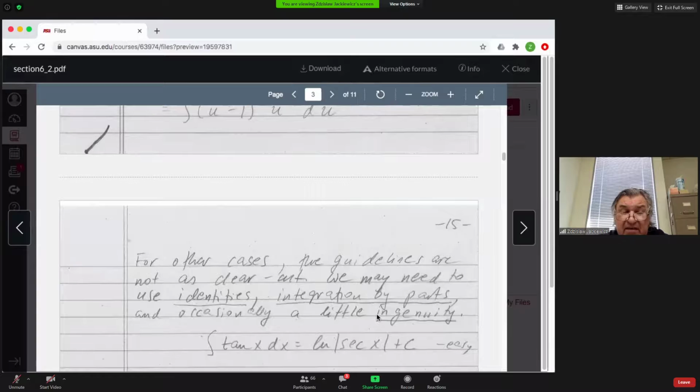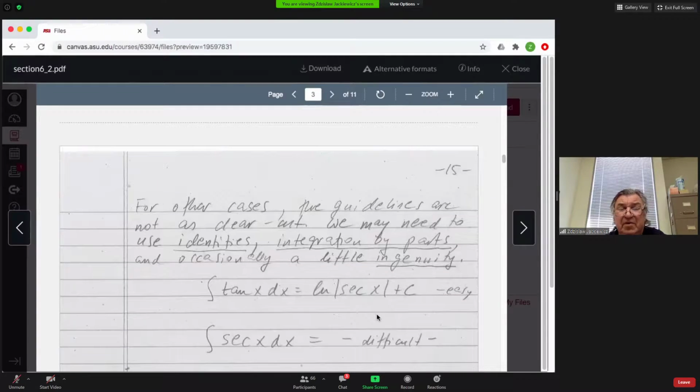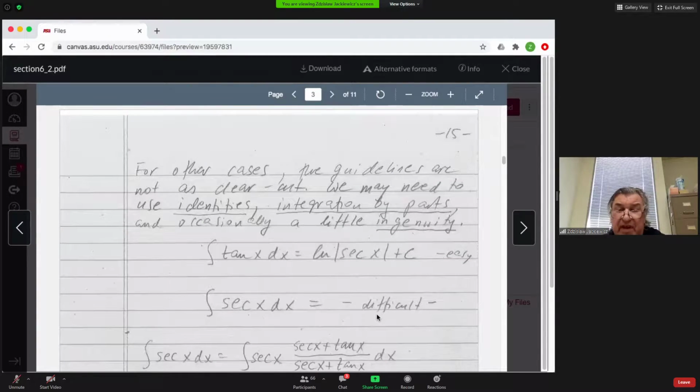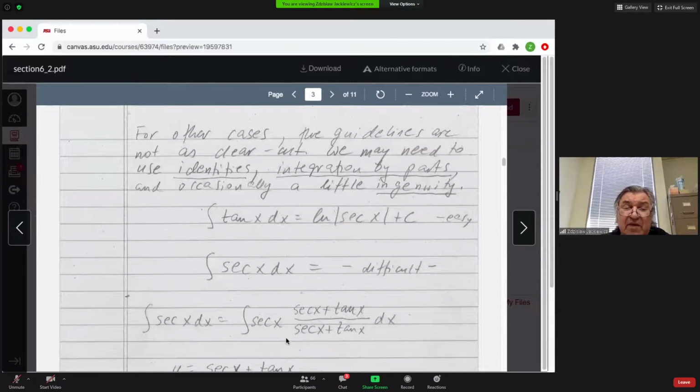In general, there are no rules. We don't know what to do. You should try whatever you can. So there's this nice sentence in your book, and I will discuss this. For other cases, the guidelines are not as clear-cut. So to integrate some trigonometric functions, we may need to use identities.